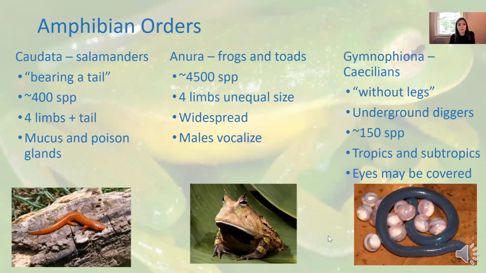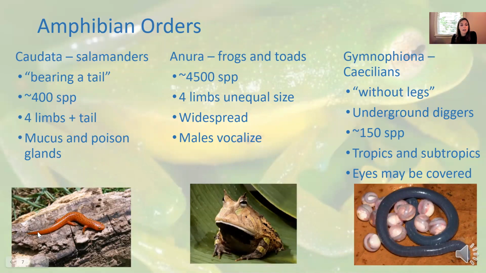So the 3 amphibian orders: Caudata, salamanders; Anura, frogs and toads; and Gymnophiona, the caecilians. So Caudata means bearing a tail. And salamanders are the only amphibians that, in general, have a tail as adults. So frogs and toads, when they're in their juvenile aquatic phase, they have a tail.